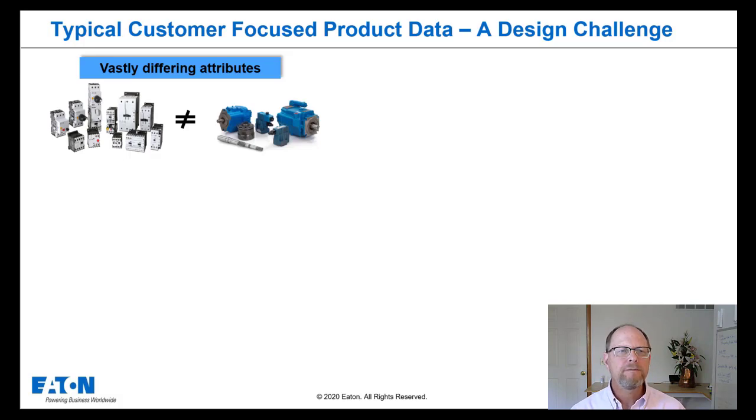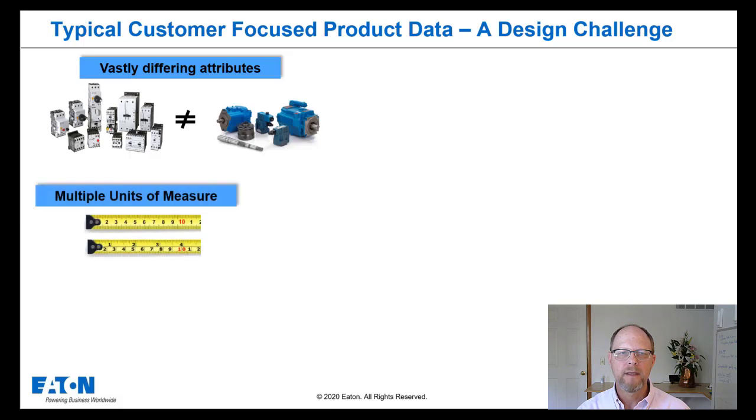On the left here, you'll see starters and timers and contactors. On the right hand, you'll see hydraulic pumps, right? Totally different animals, totally different set of product attributes. Makes designing a database for these types of products difficult.